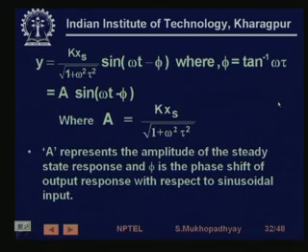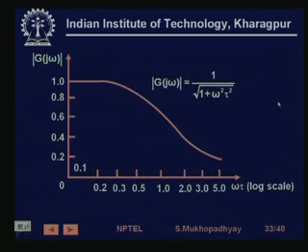So this is a mathematical solution. For example, the gain over different values of frequency varies like this. If the frequency is too low, the gain is 1, because you are giving a slow sinusoid, which means the instrument can always come to steady state and get the value of the input.